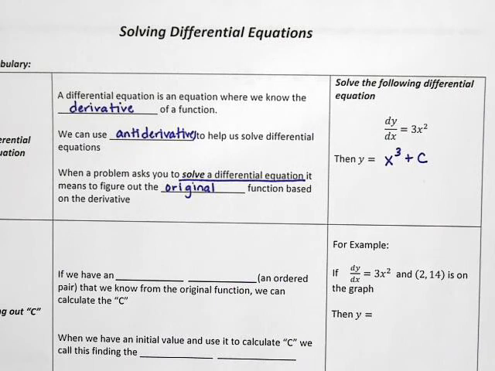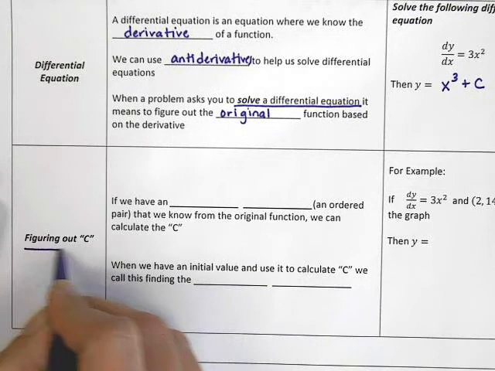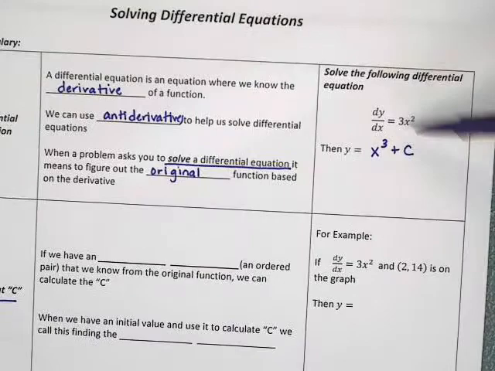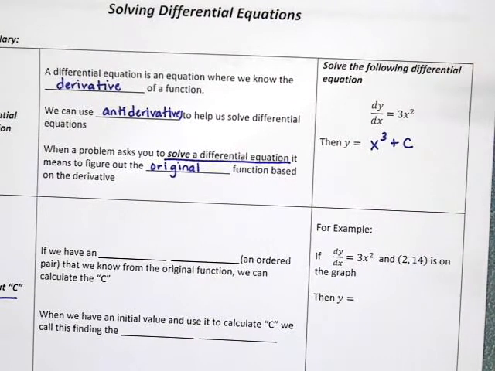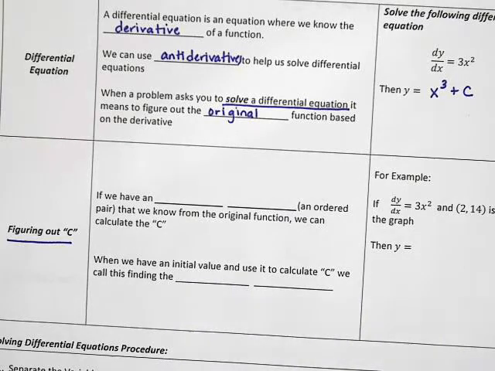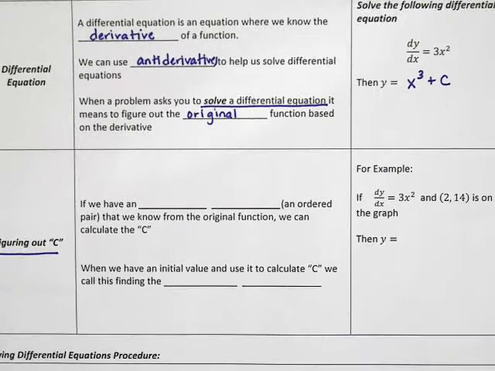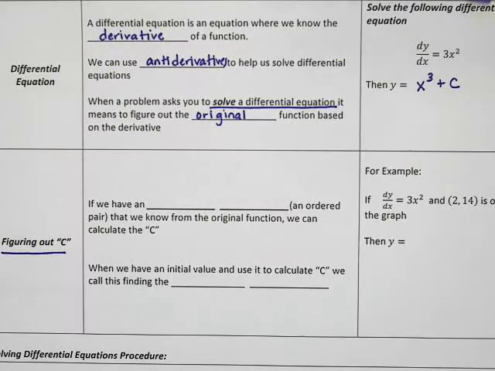What makes solving a differential equation different is that now we're going to need to figure out c. So once we've done this process, which we've kind of been familiar with before, it's just the antiderivative based on the derivative, we're going to now figure out the c value that's missing. And the way that we do that is using something called an initial value.